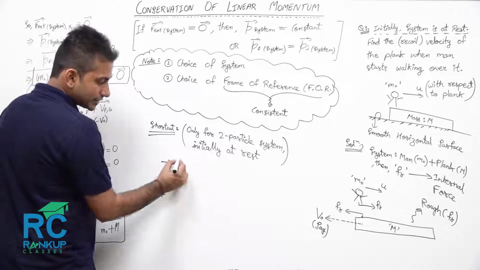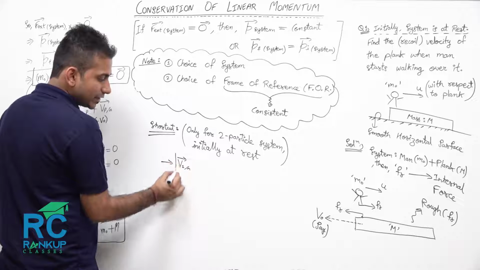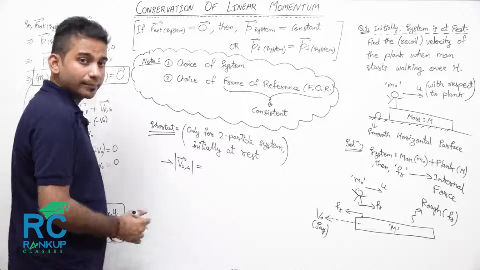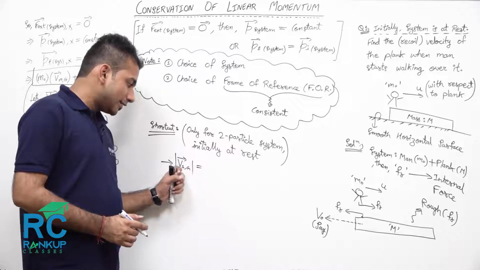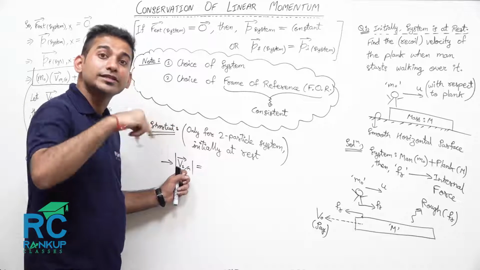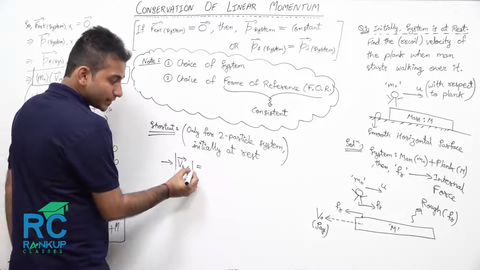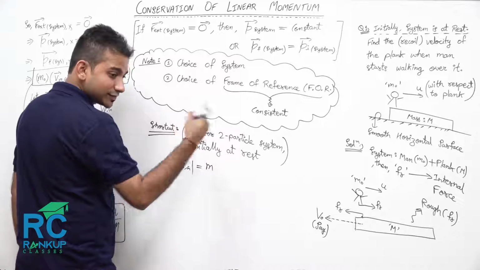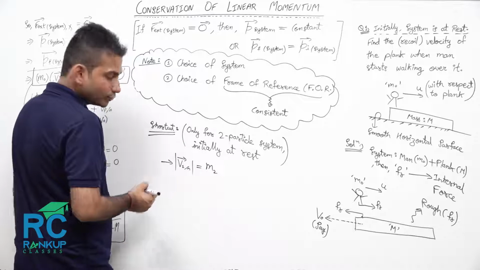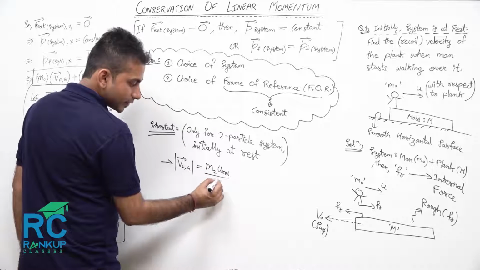So here can we say that the velocity of one object with respect to ground finally, in magnitude terms, will be given by: if you want to write the velocity of the first object, then in the numerator the mass of the second object will come. So velocity of 1 with respect to ground will be equal to m2 into u relative over m1 plus m2.